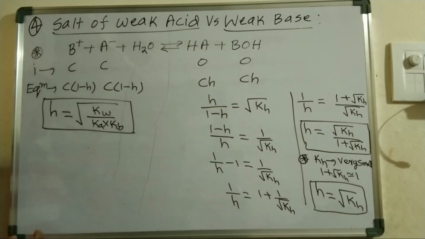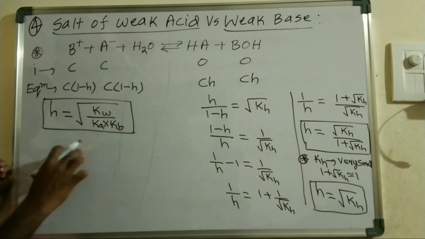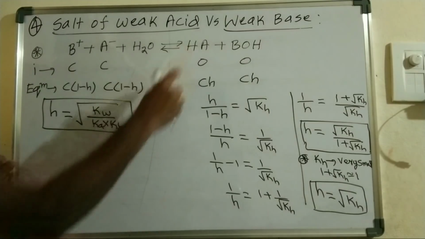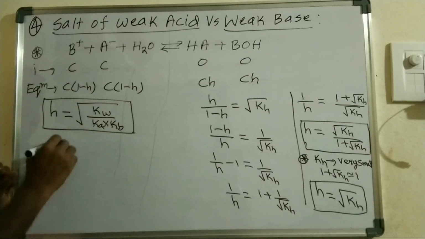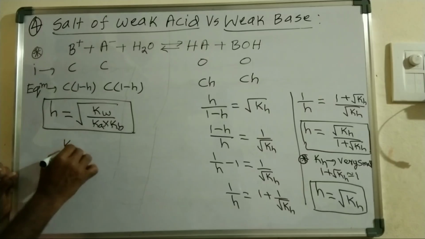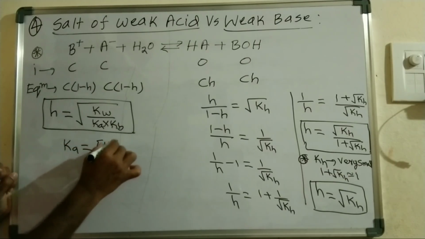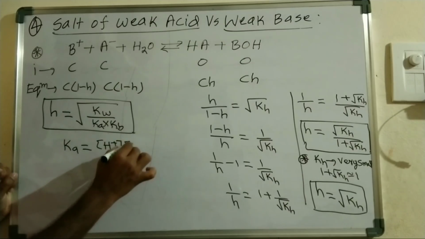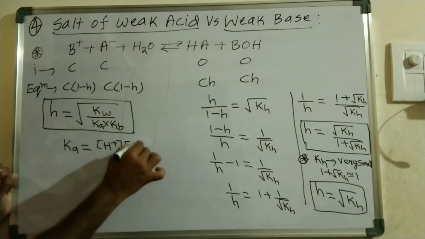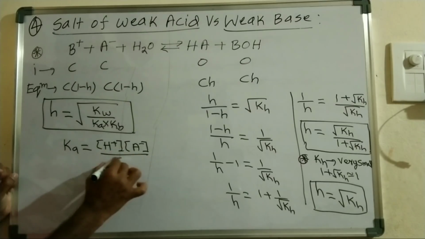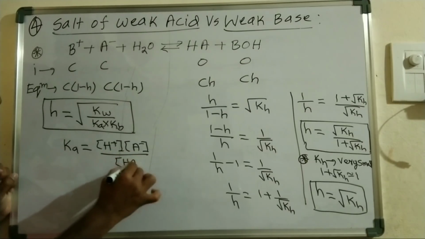So generally, to find this H plus ion concentration, from the dissociation of this weak acid only, we will write the dissociation constant of the weak acid, Ka, is equal to H plus ion concentration into A minus ion concentration divided by the concentration of HA.